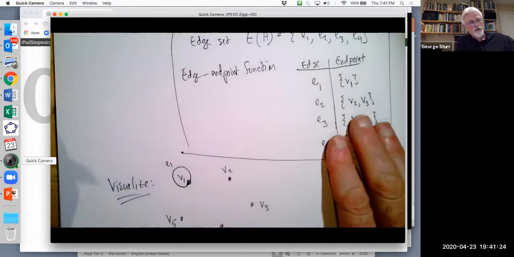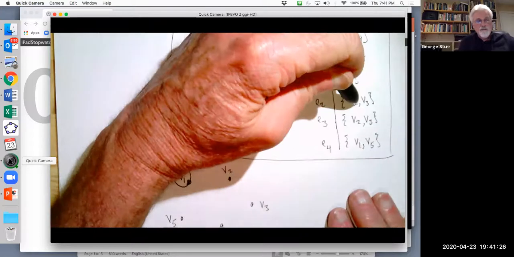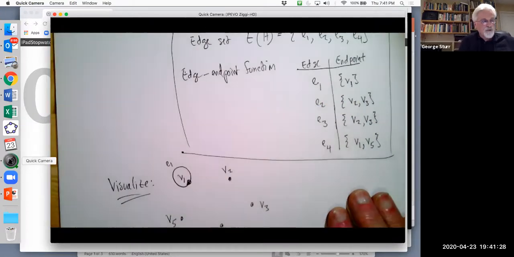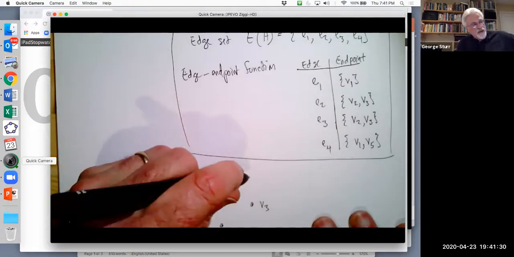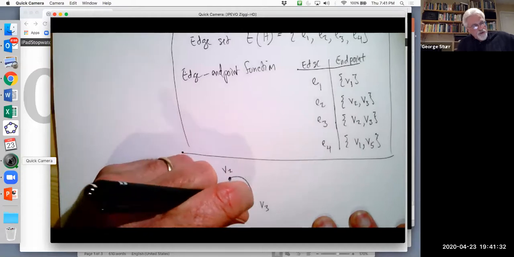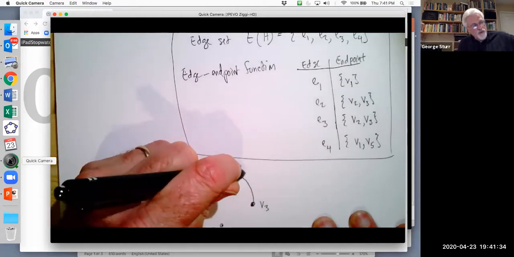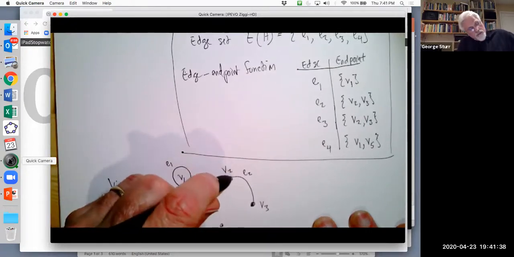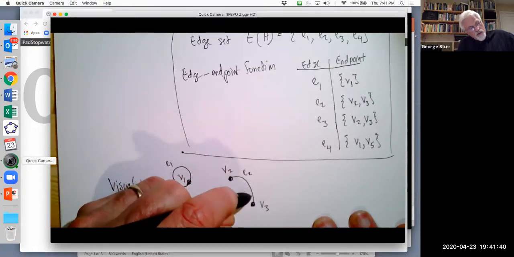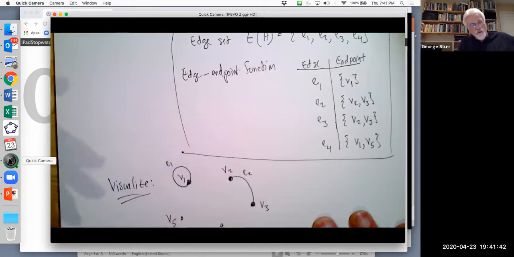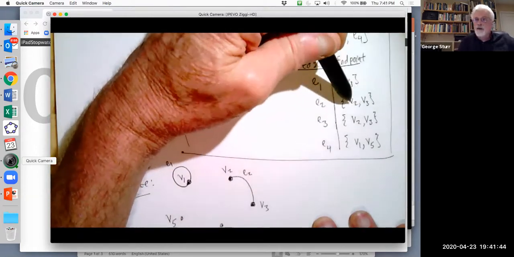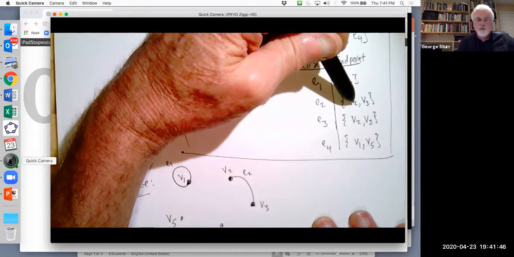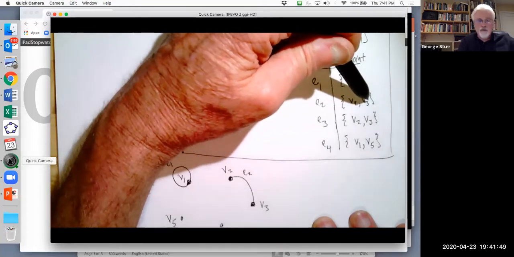Well, look at E2 here. Now, what is this saying? I've got a set V2 and then V3. So edge 2 is relating V2 to V3. Those are the two endpoints for edge 2. But what if I wanted to send it from V2 to V3 with an arrow? Then what I would include in here would be an ordered pair. I would say first V2, then V3.